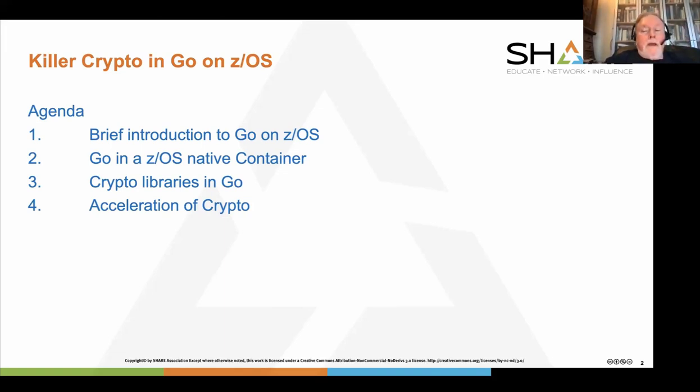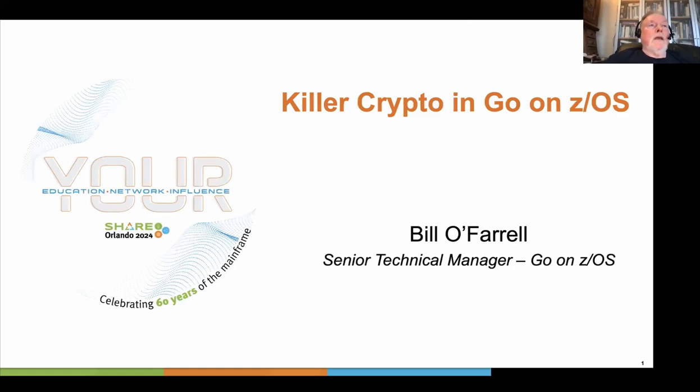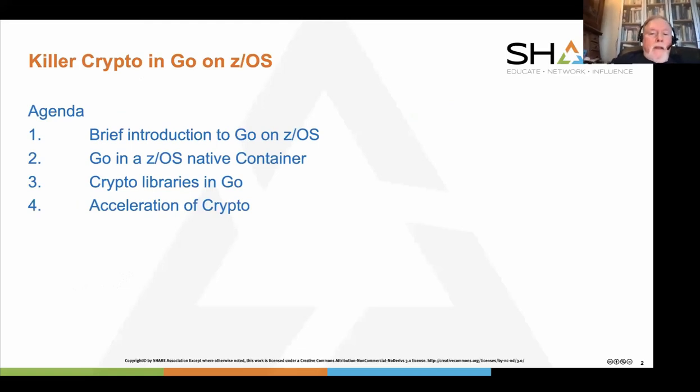I'm also going to talk about a new capability that was just introduced on zOS, I think announced on March 8th of this year, which is a native container. So Go is the first programming language available in a native container on zOS. So I'd like to demonstrate that. I'm proud of our ability to interact in a container, and we were the first one.